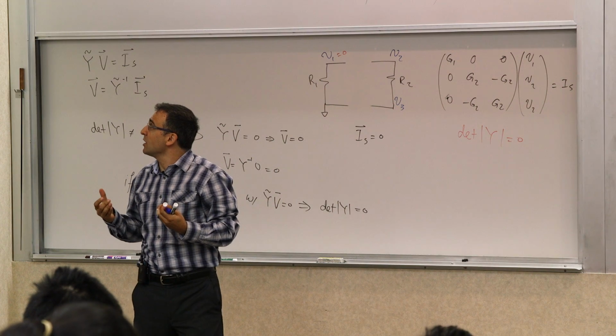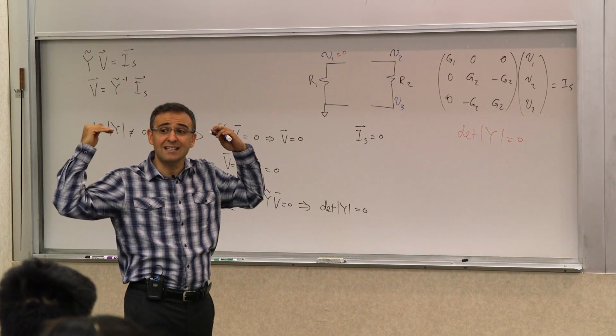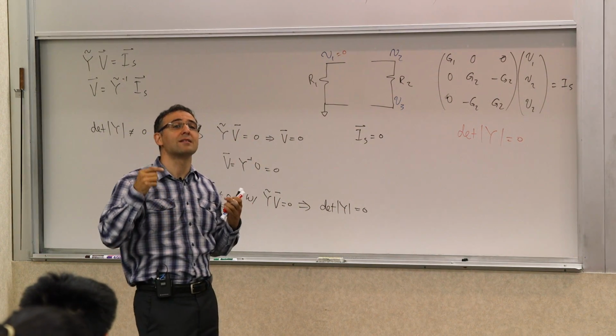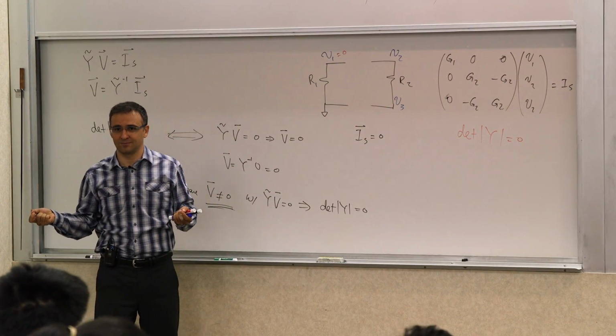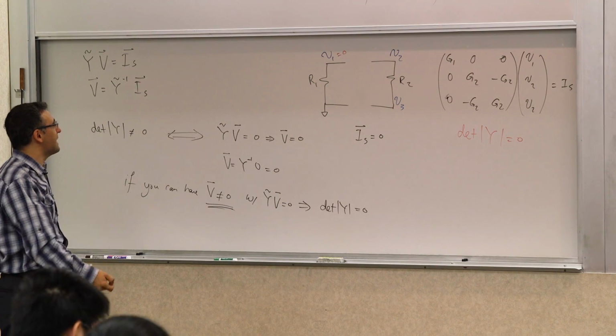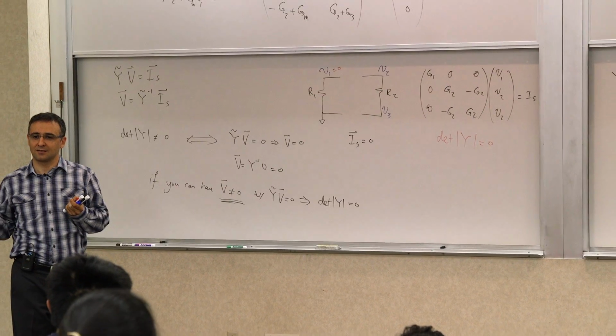So what is the process for when you're looking at a circuit? You set all your independent sources, not dependent sources, independent sources to 0. There's an expression for it. We say we null the sources. We null all our sources, and then look to see if a solution where any of the voltages is non-zero can exist.